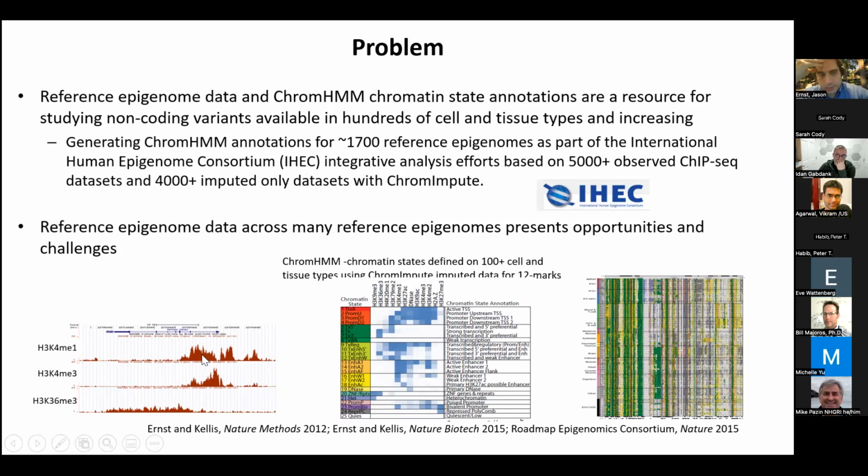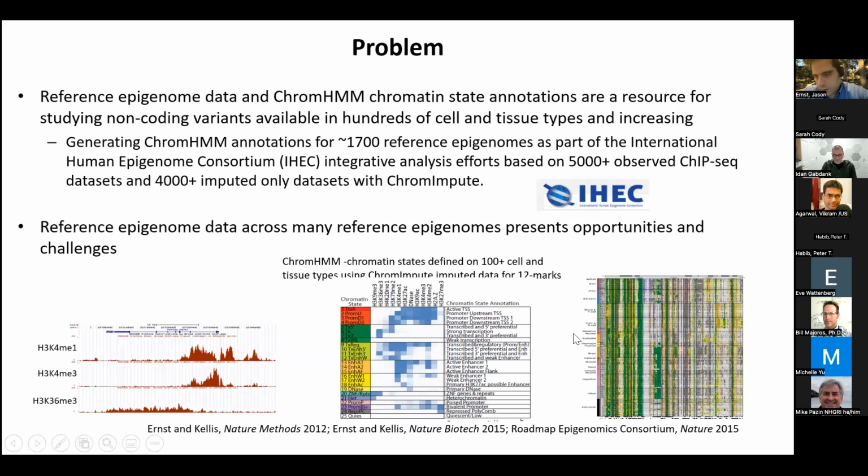What you're seeing at the bottom here are maps of different histone modifications, and I previously developed methods which I assume many are familiar with, including ChromHMM, which can take multiple different histone modifications and annotate the genome based on their combinatorial and spatial patterns into different types of genomic elements, including different types of promoters and enhancers. And what you're seeing here is a ChromHMM annotation across 127 reference epigenomes, which was part of the Roadmap Epigenomics Consortium effort.